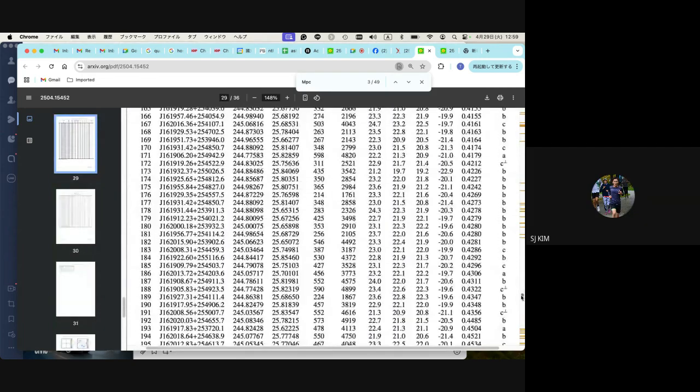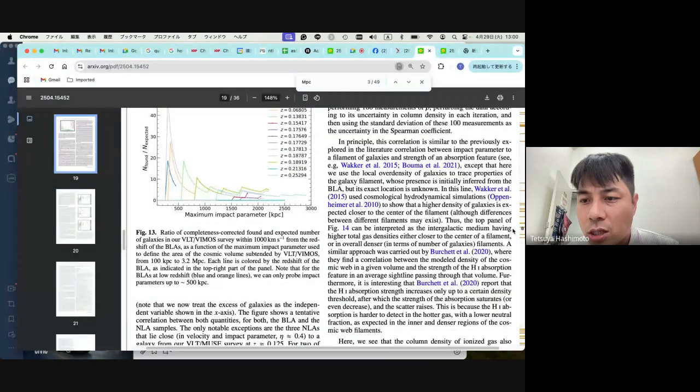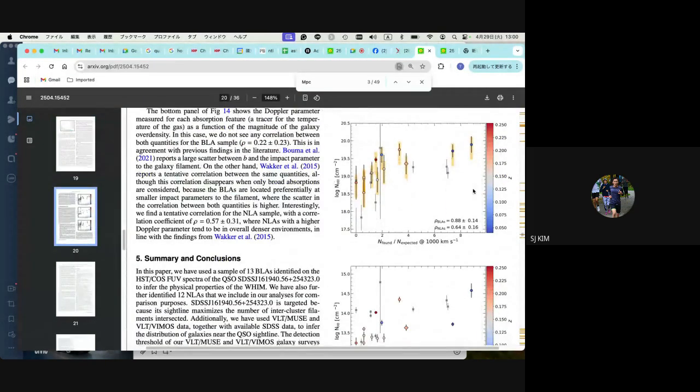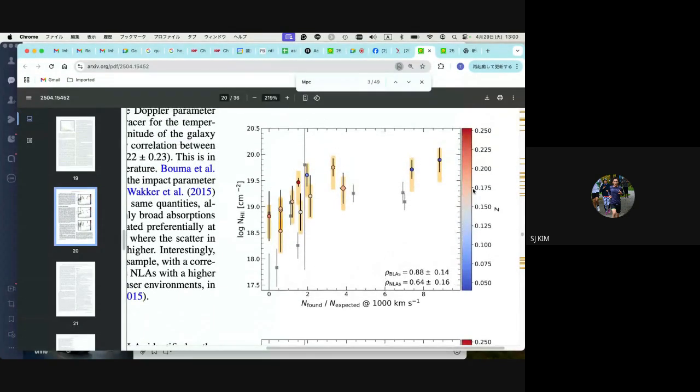It's also interesting that, if I remember correctly, for damped Lyman-alpha absorption systems, there was not a clear correlation with the column density. I think a lot of people did it for DLA. But then there was no clear correlation like this. So it's interesting.